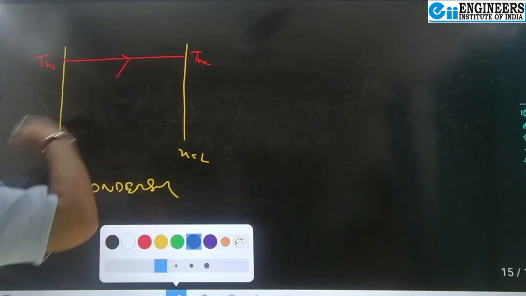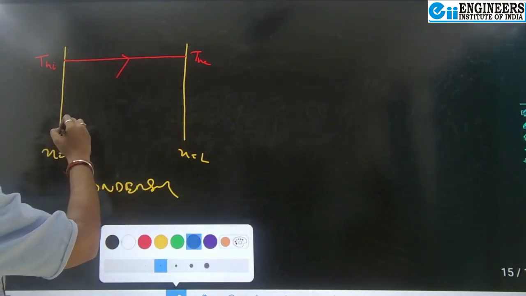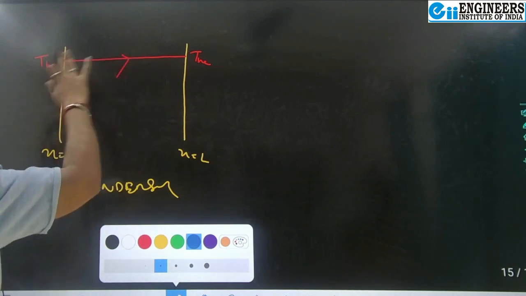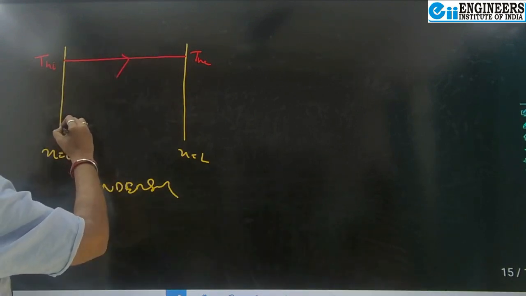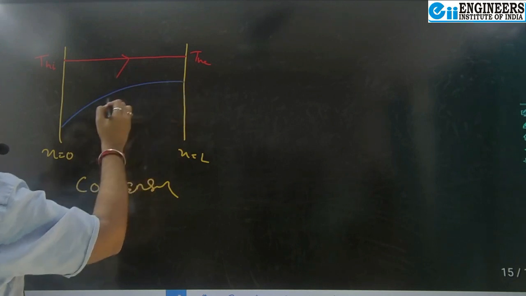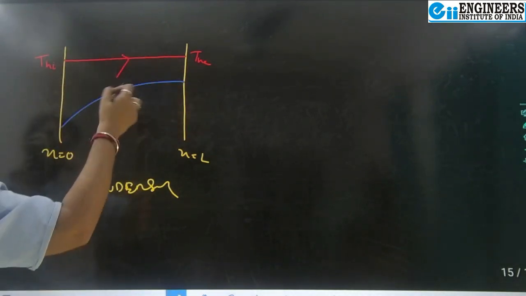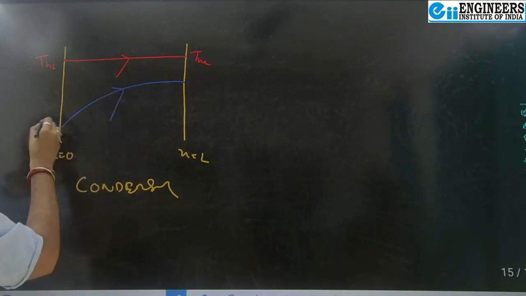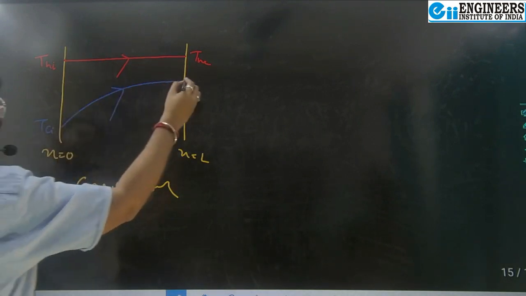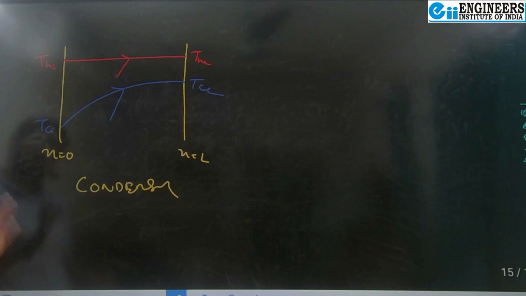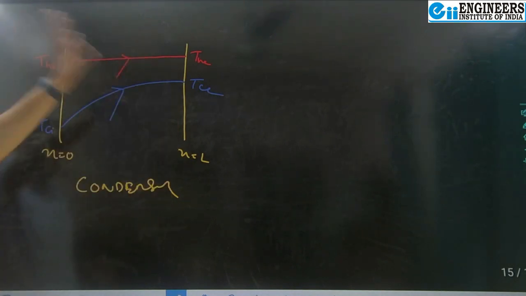If we supply a colder fluid, it absorbs heat and the profile of the colder fluid will increase. Here it can be a parallel flow or a counter flow. Supposing we take a parallel flow, TCI, TCE, this is what the temperature profile for a condenser will look like.